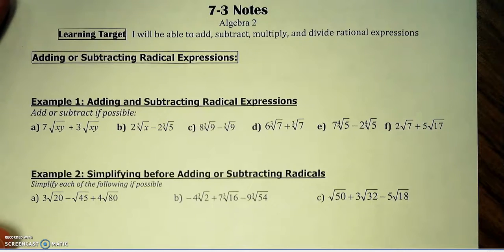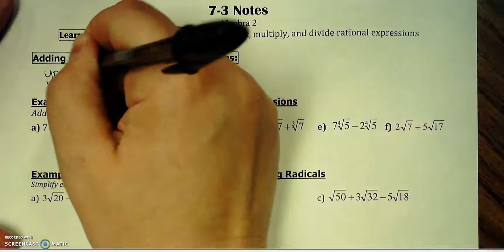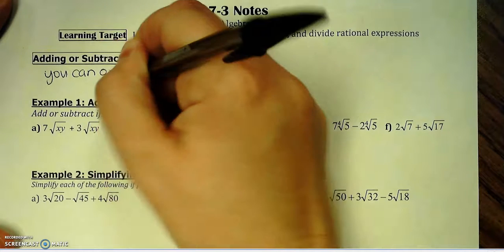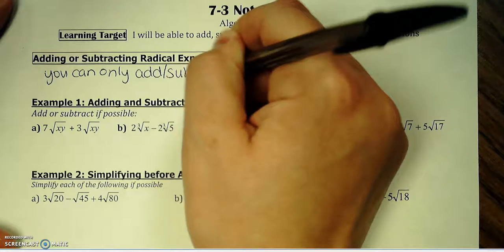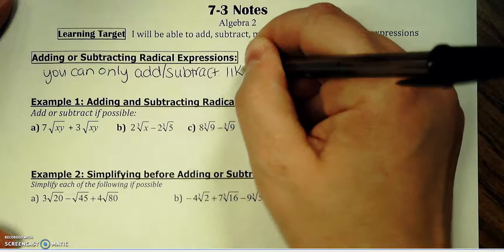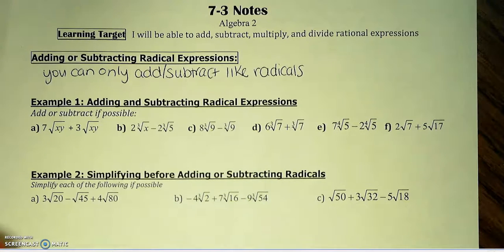So the thing you have to remember here is you can only add or subtract what we call like radicals. First of all, they both have to be a square root, or they both have to be a cube root, or they both have to be a fourth root.